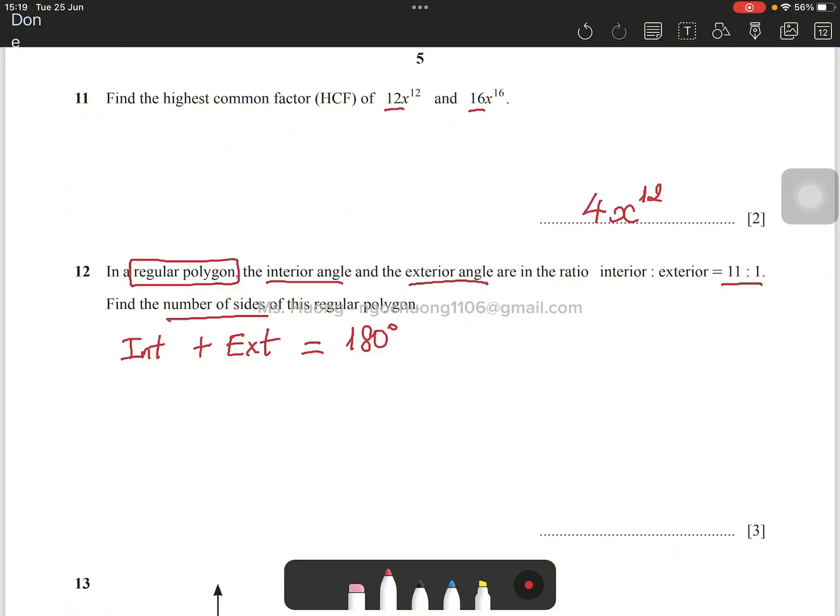So if the interior and the exterior angles are in the ratio 11:1 and their sum is 180, we can find the value of the exterior angle by using the formula: exterior angle is equal to 180, which is the sum, corresponding to 12 units. 11 plus 1 is 12 units, so we divide it by 12 to find the value of 1 unit.